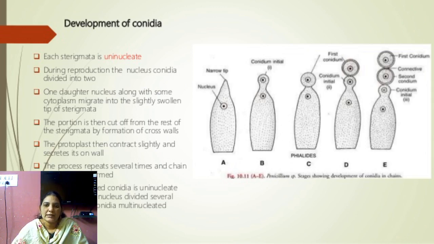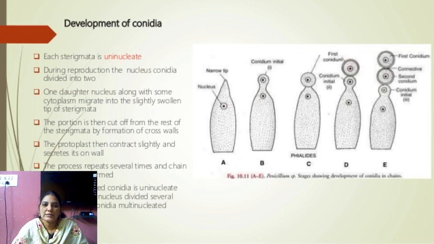Then another conidium forms, and then another. So it looks like a chain, they are arranged in a chain like manner.